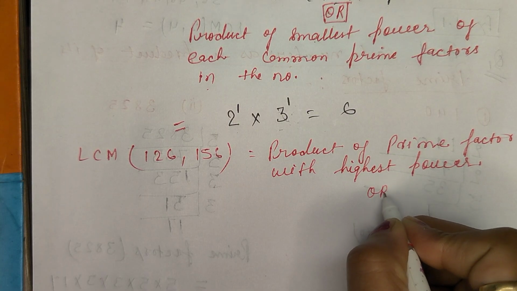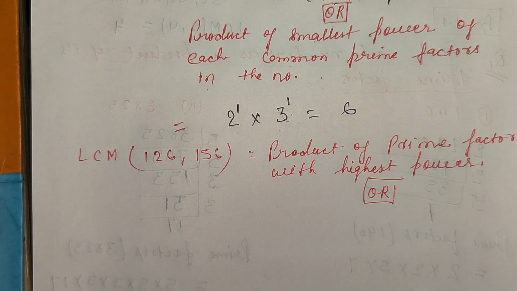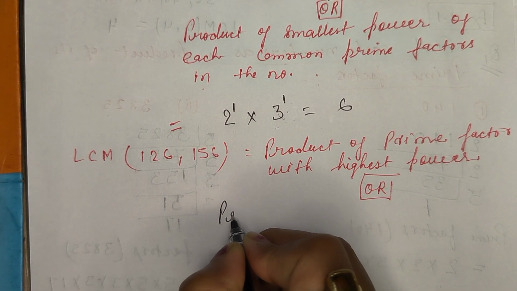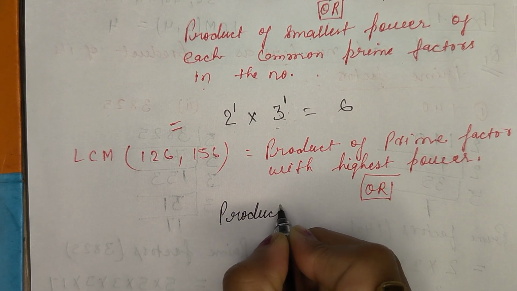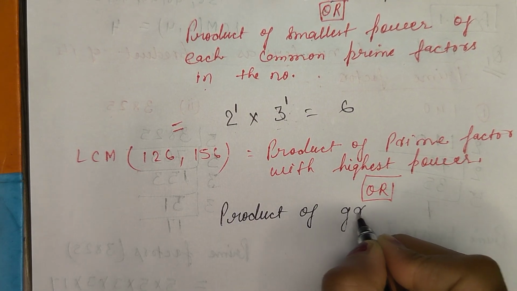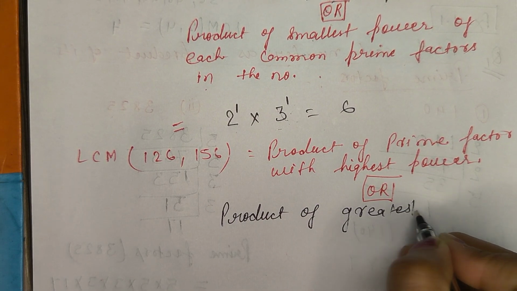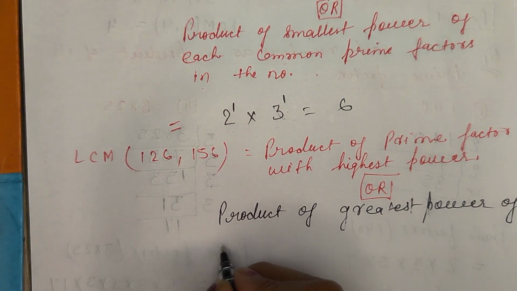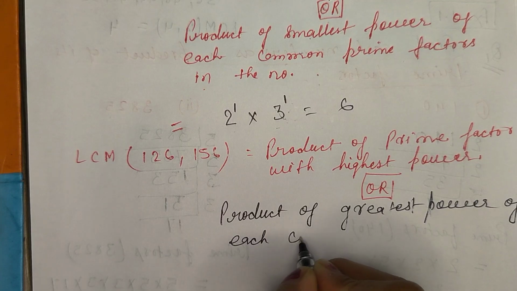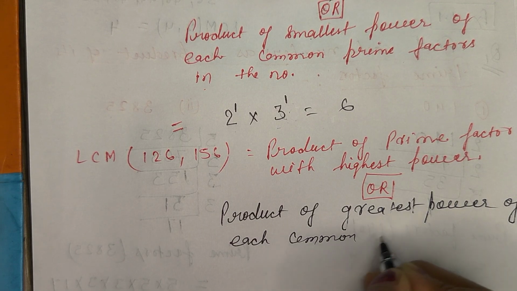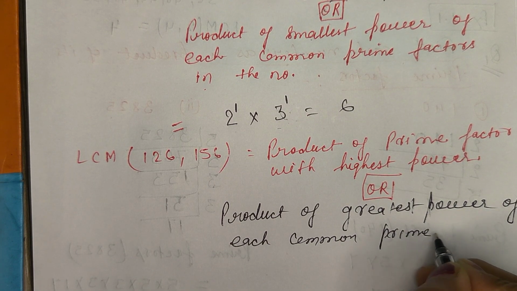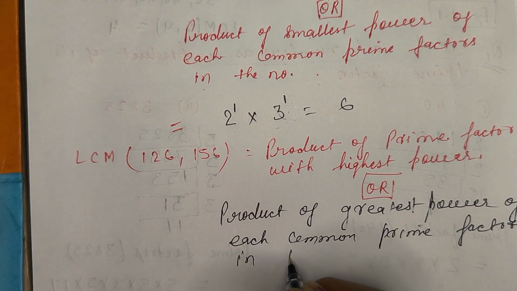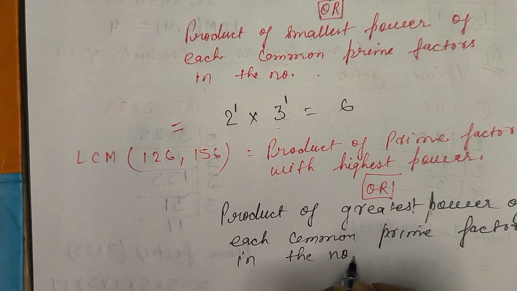We also write this as the product of the greatest power of each prime factor in the numbers.